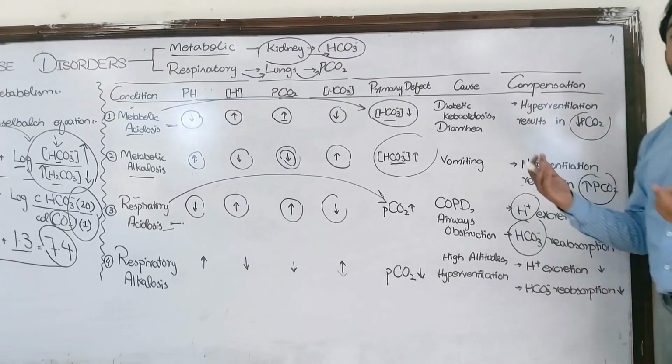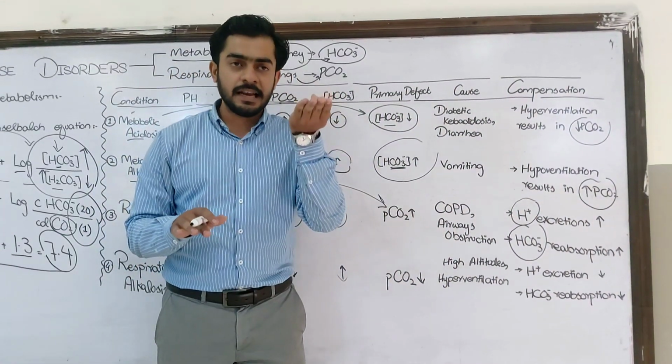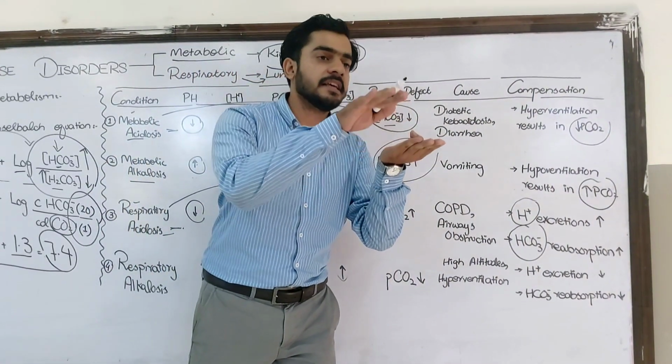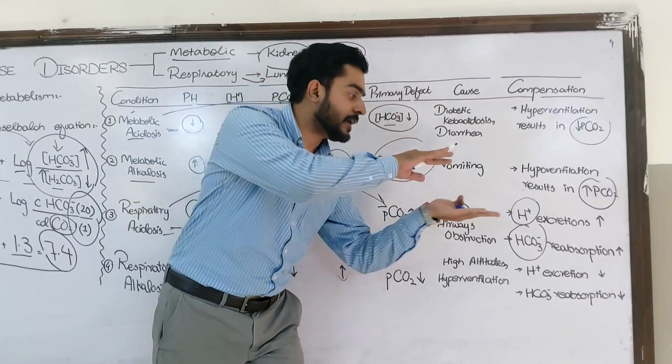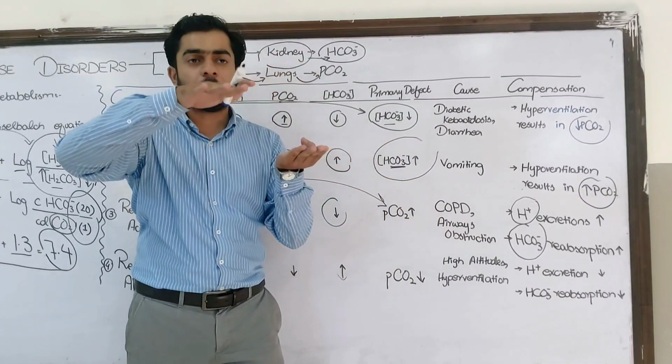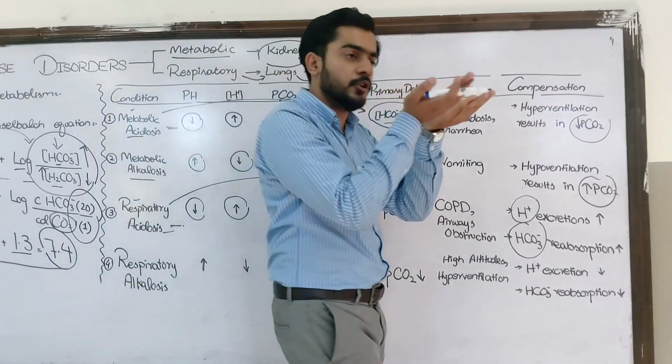That's the compensation mechanism. So the acidic substance is increasing in our body, which causes respiratory acidosis. So our kidney starts excreting the acidic compartment and absorbing the basic substance, getting things neutralized.